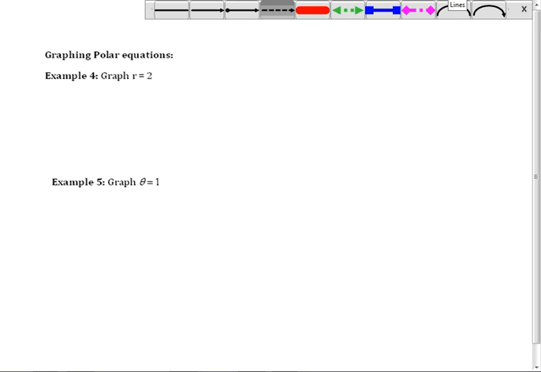This is the graphing. This is very different than what you have done before. The radius is always 2. I want to graph that. It's a circle.